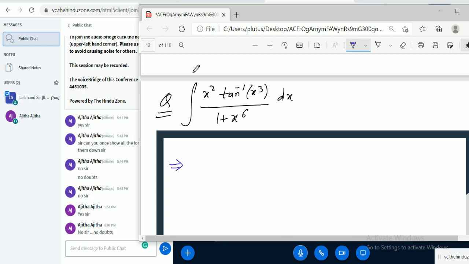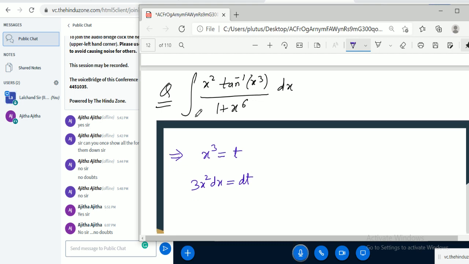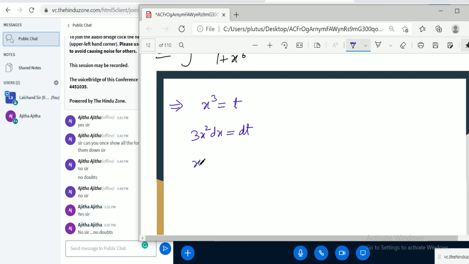What we need to substitute here? Okay. If we let x cube equal to t, and if we differentiate this equation both sides, then we have 3x square dx equal to dt, isn't it? So here we have only x square. So we can write the value of x square dx is equal to 1 by 3 dt. This is constant, like this.